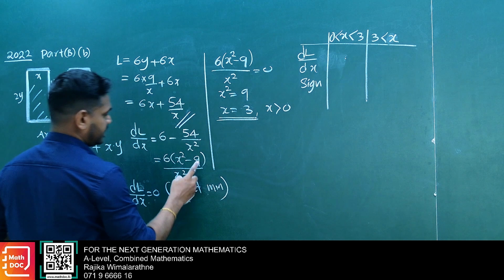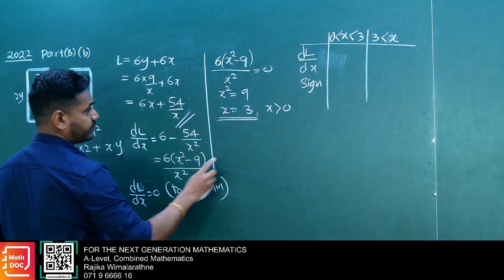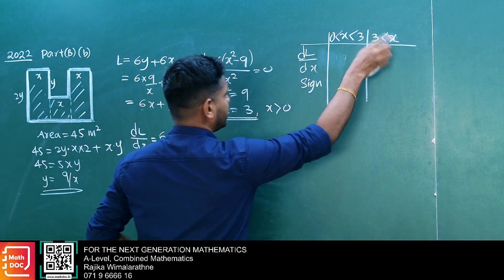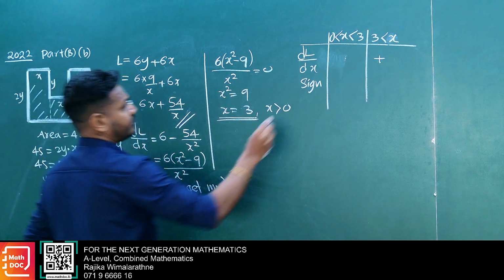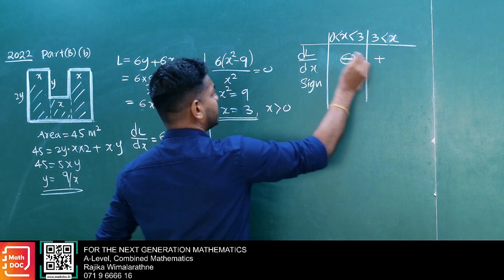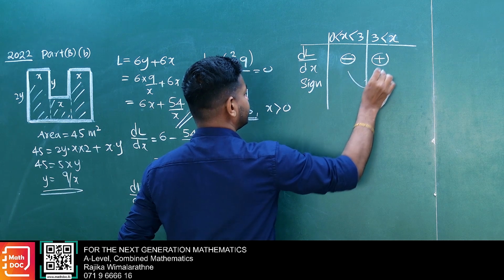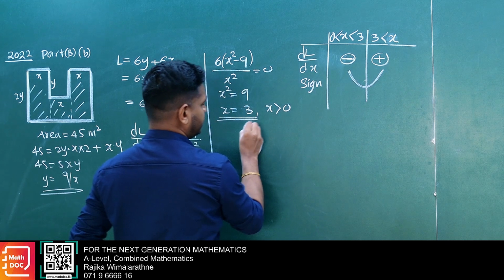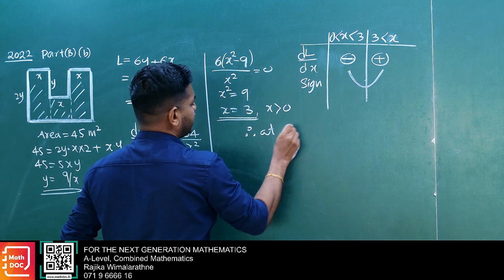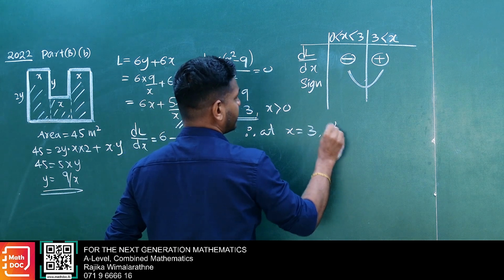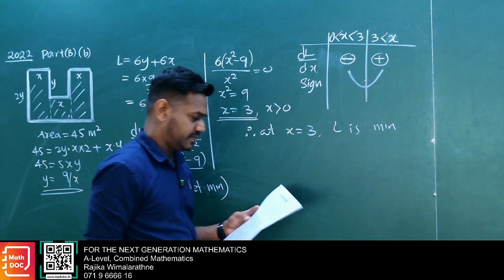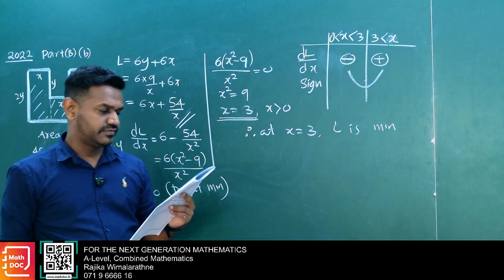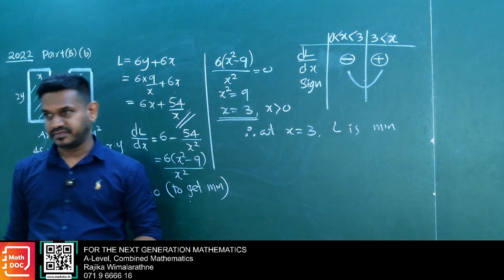Greater than 3, this part is positive. Less than 3, it is less than 9, so negative. Then negative to positive variation means minimum. Therefore, at x equals 3, L is minimum. Find the values of x such that L is minimum. That's it.